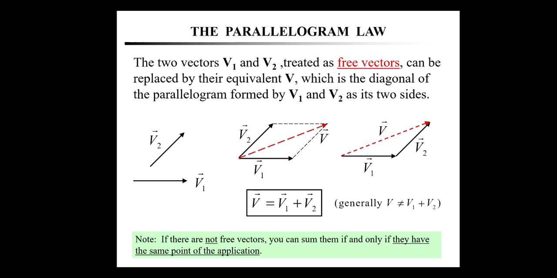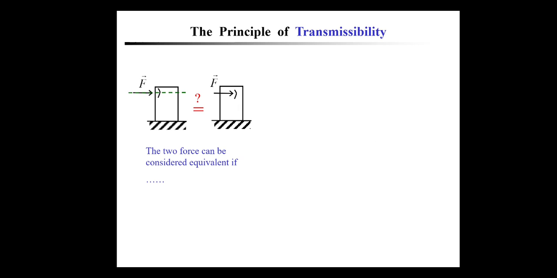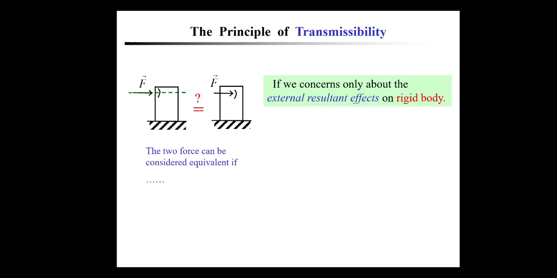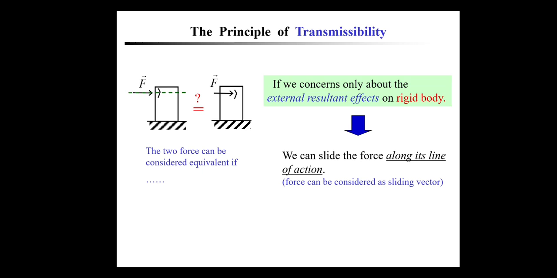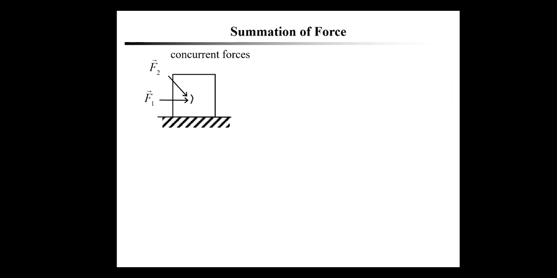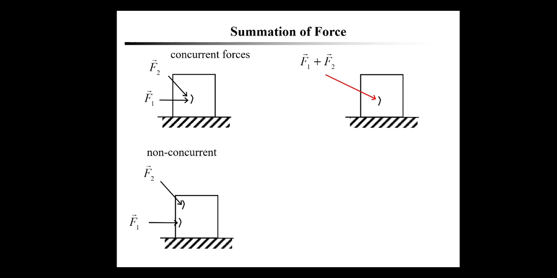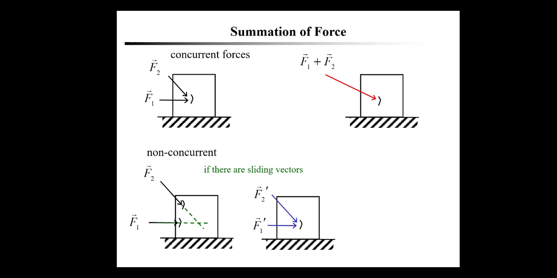If they are not free vectors, you can add them only if they have the same point of application. We consider only the external resultant effects on the rigid body. Summations: concurrent forces, non-concurrent forces, and sliding vectors.